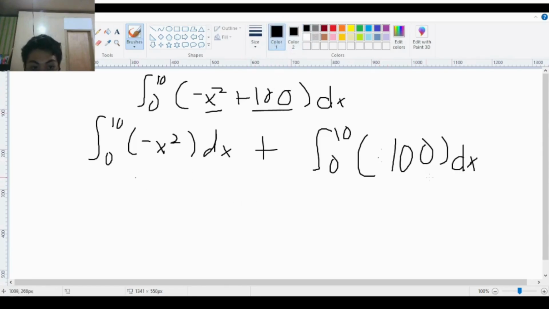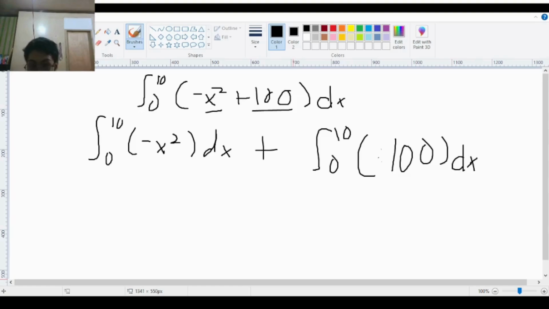And with that, we can now calculate the integral. Basically, we just broke it down into two parts, which is the negative x squared and the 100. The negative x squared is of course the variable term, and the 100 being the constant term.